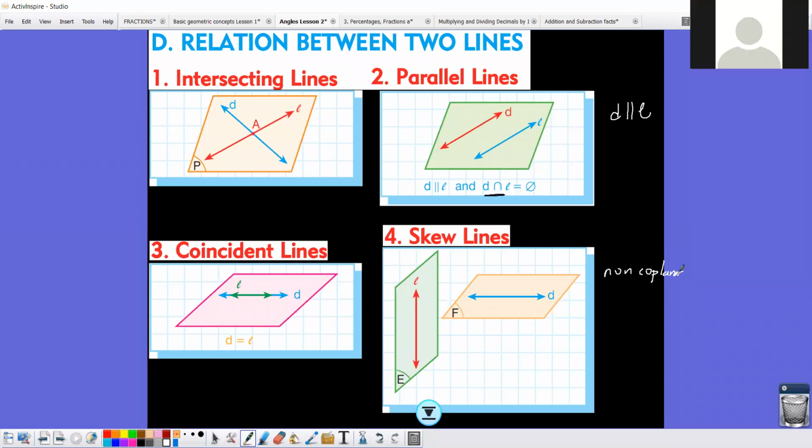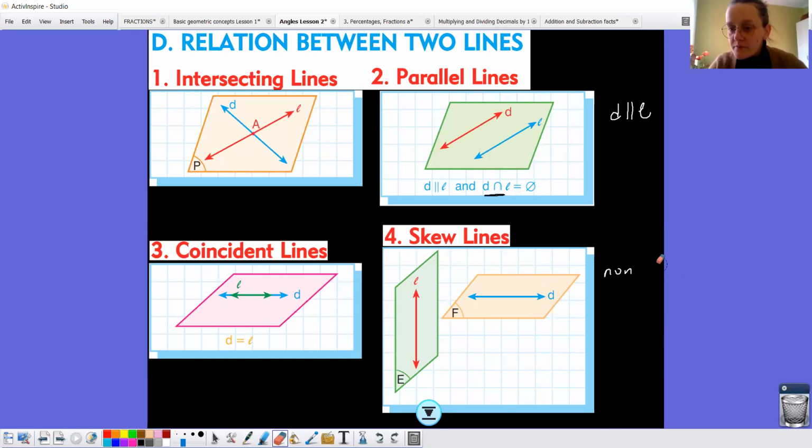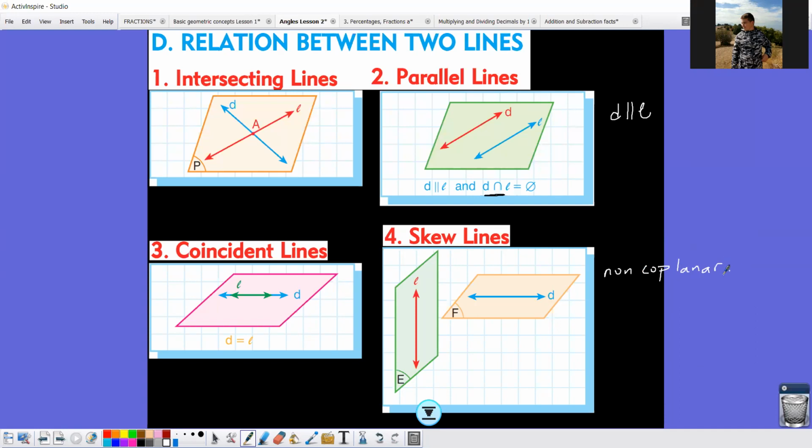Yes, teacher, we know. Okay. The points in the same plane, if they are in the same plane, they are coplanar. So if we are saying non-coplanar, it means that they are not in the same plane. We call them skew lines, and they do not intersect. They will not intersect at all.